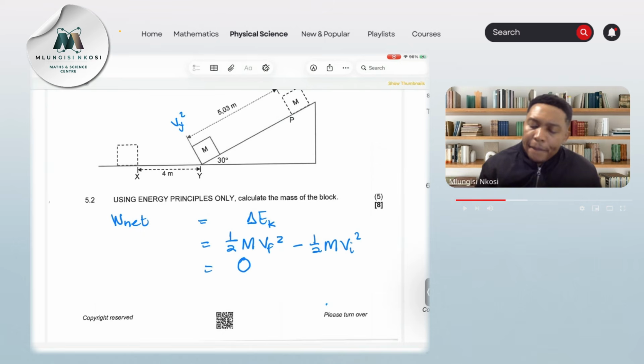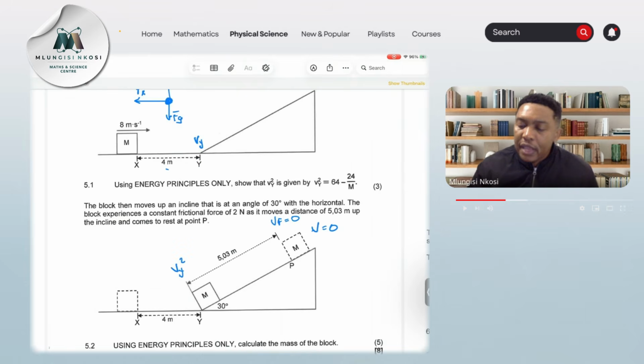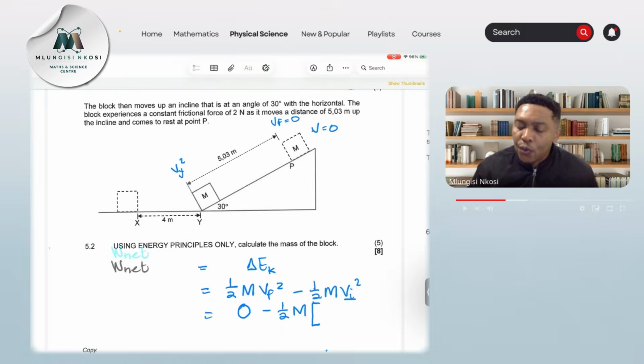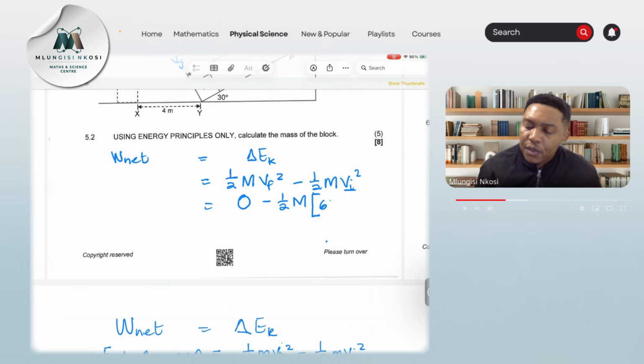Right? Minus a half m. Remember, Vi is actually Vy squared. But what is my value for Vy squared? That's 64 minus 24 over m. We are only just dealing with what's on the right-hand side. That's the net work done.